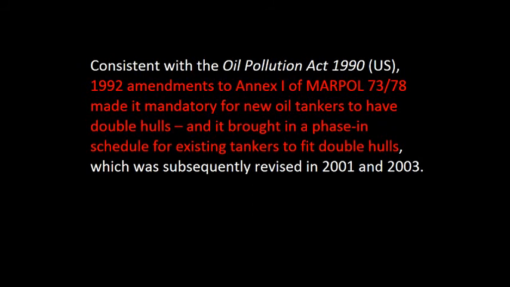Because the US was such a massive player in the international shipping arena, that then led to 1992 amendments to Annex 1 of MARPOL 73/78, which made it mandatory for new oil tankers to have double hulls, and brought in a phase-in schedule for existing tankers to fit double hulls.